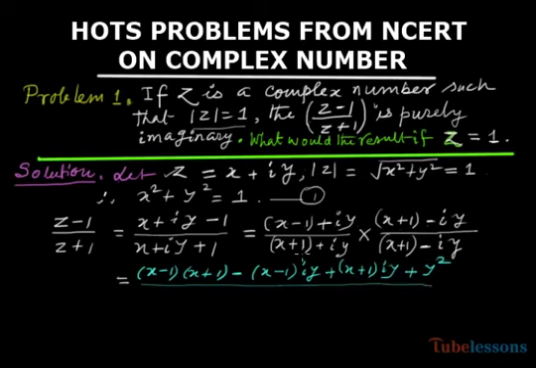The denominator is in the form (a plus b) into (a minus b), so you can write x plus 1 whole square plus y square.